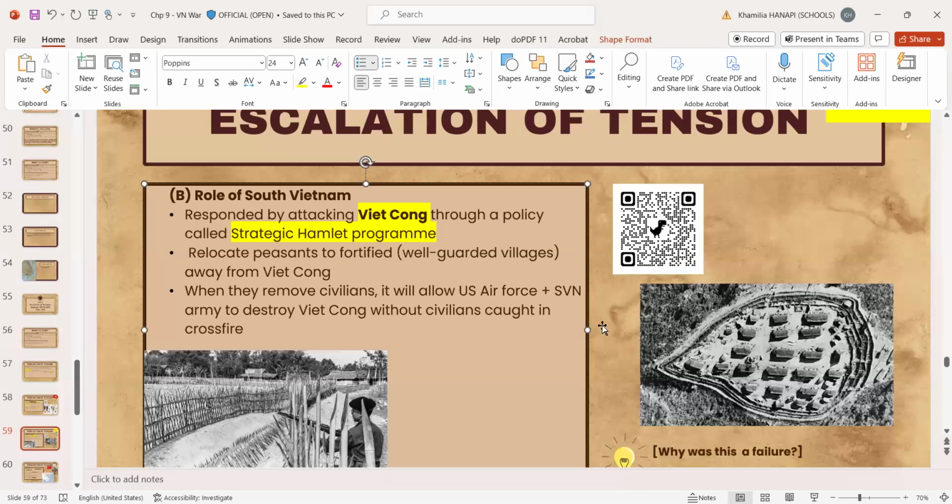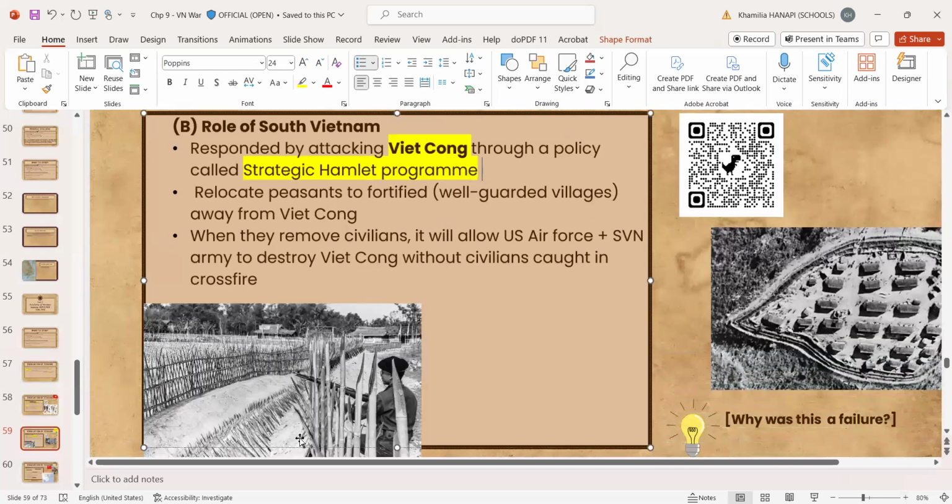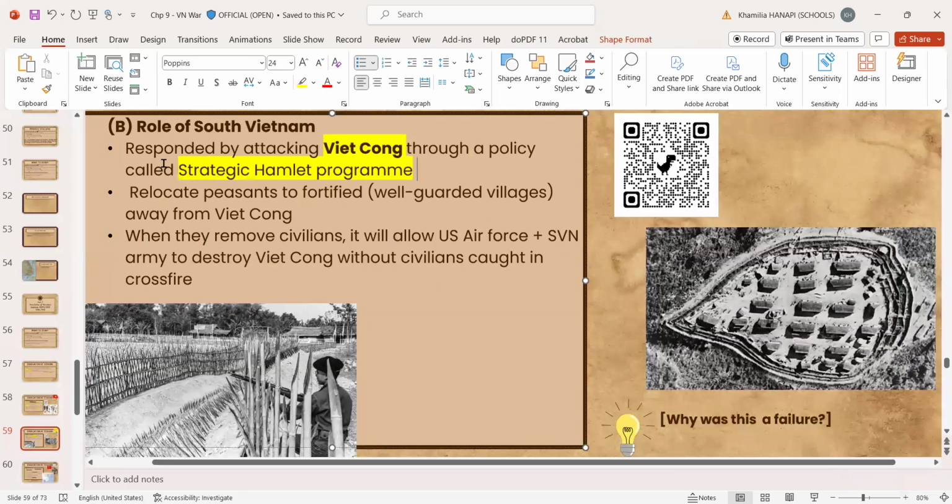What is it? Because all these North Vietnamese soldiers were targeting peasants in South Vietnam, the South Vietnamese government had issues. So they brought the peasants into these well-guarded villages.